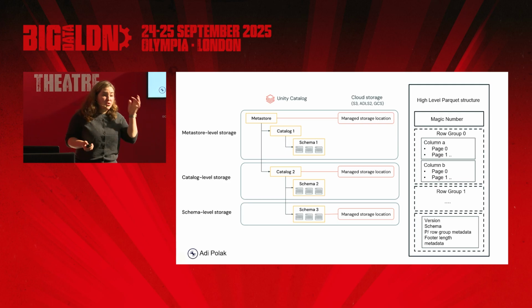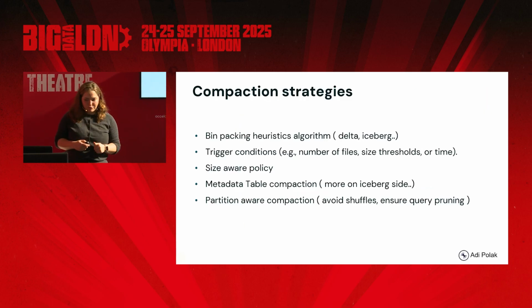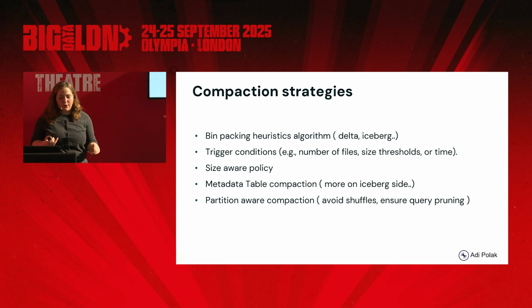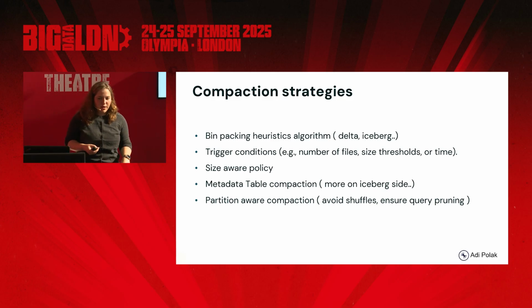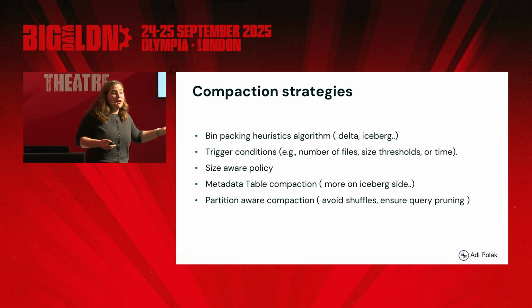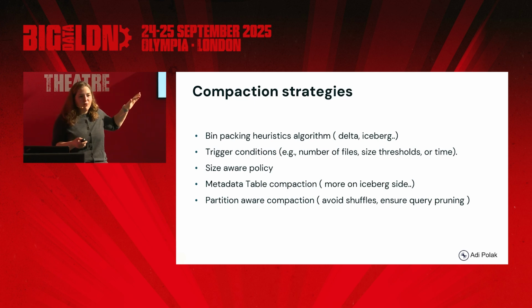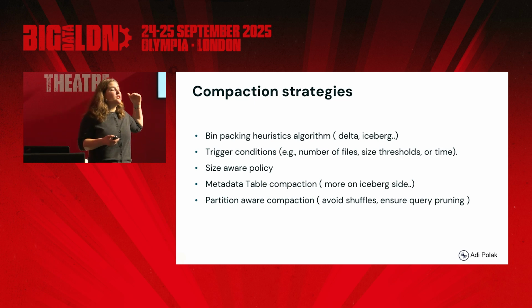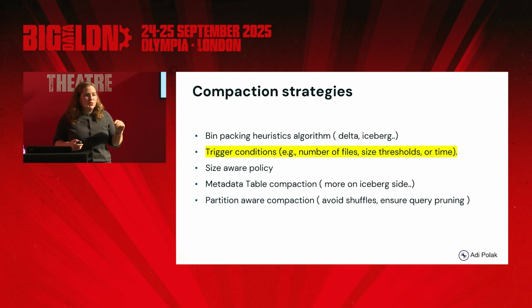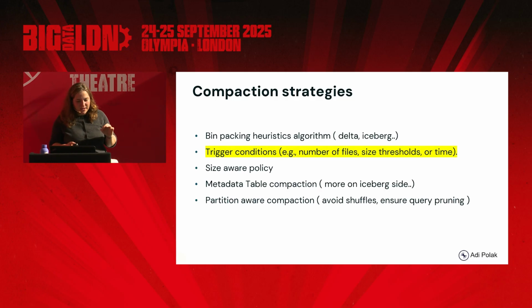So what are the compaction strategies that are available out there? There are tons of them, really. There's bin packing heuristic algorithm, trigger conditions, size-aware policies, metadata table compaction, partition-aware compaction. There's a long list of things, and we researched each and every one of them to understand what makes sense for the streaming solution that we build. And we landed on trigger conditions specifically.